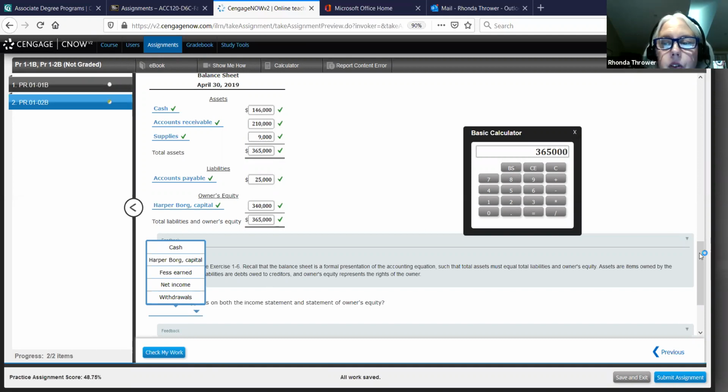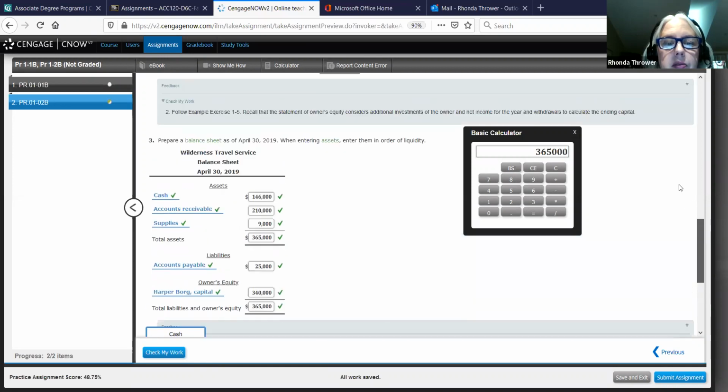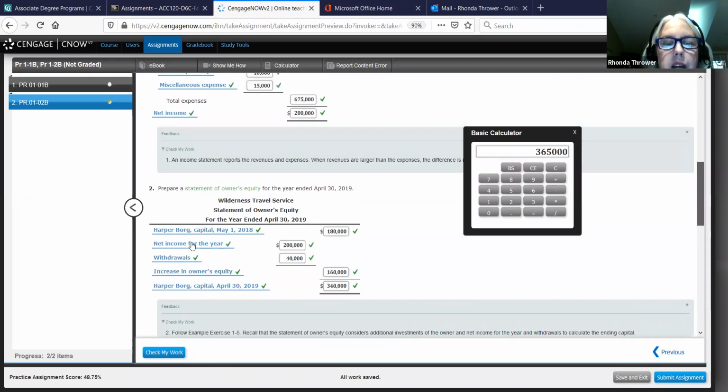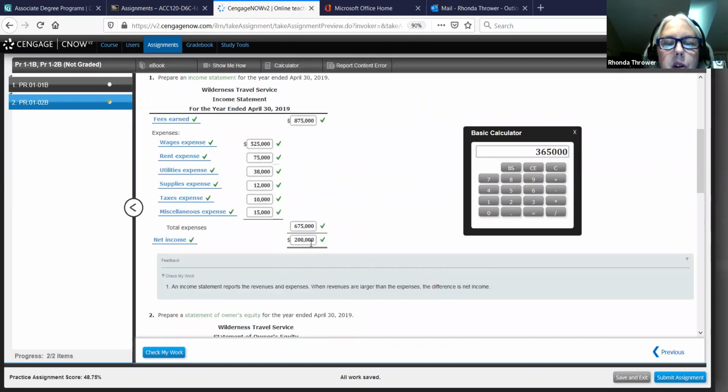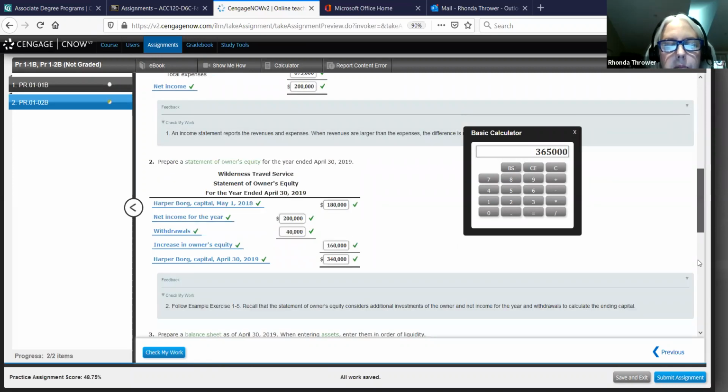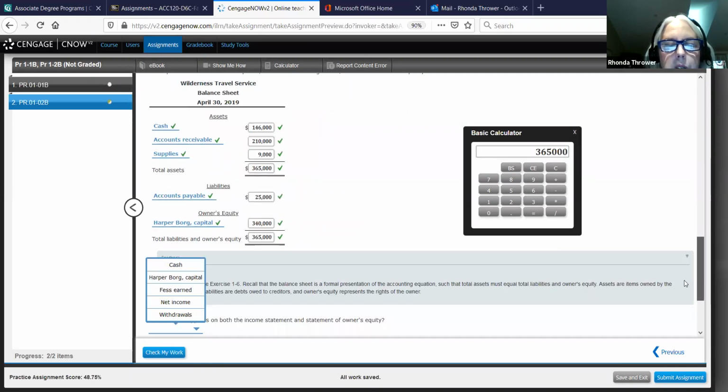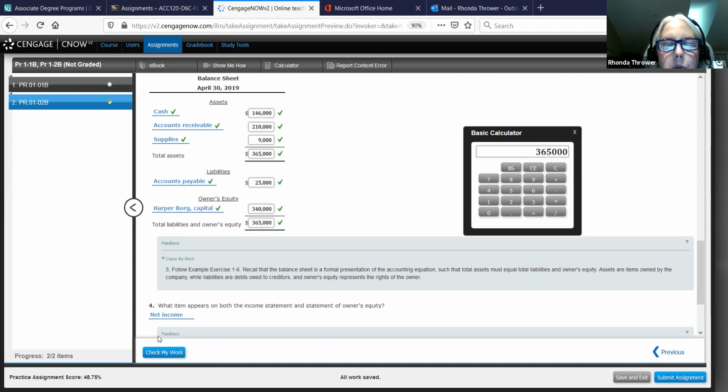Well, when we prepared our statement of owner's equity, we had to use the net income, didn't we? When we prepared our income statement, we had to determine the net income. So the net income is going to be found at the bottom of the income statement, and that net income is going to be fed into the statement of owner's equity.